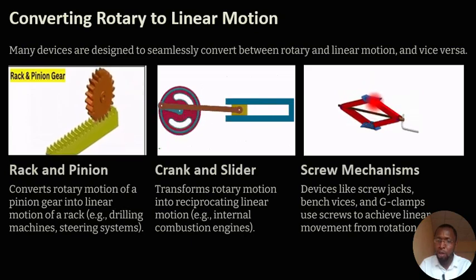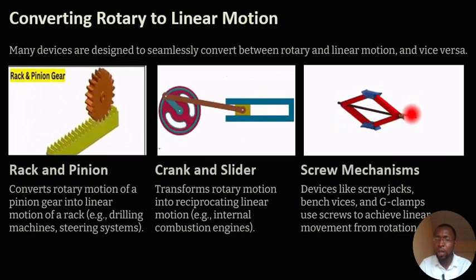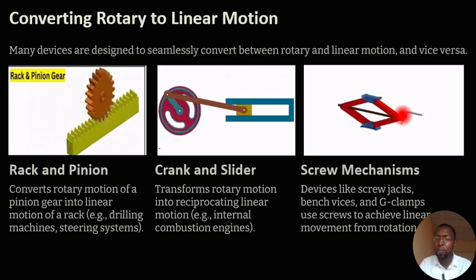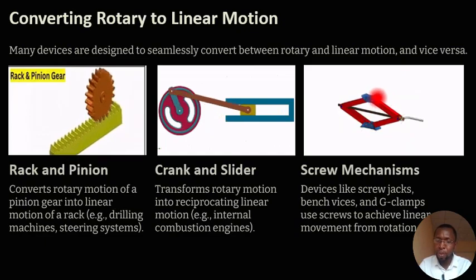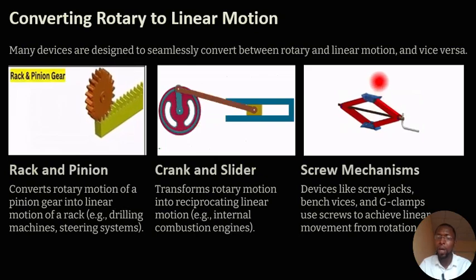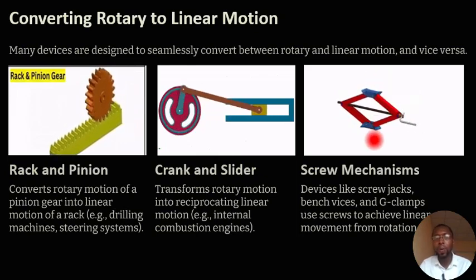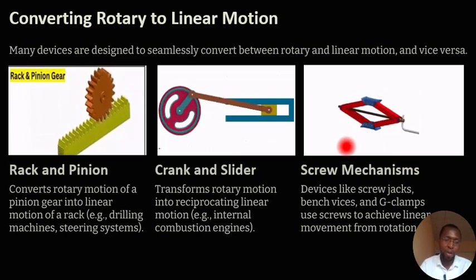So this is moving in a linear motion vertically upward, while this is going in a rotary movement. As it's being turned in a rotary movement, the body of that screw jack begins to move up in a vertical manner. So this is a typical example of how rotary motion can be converted to linear motion.